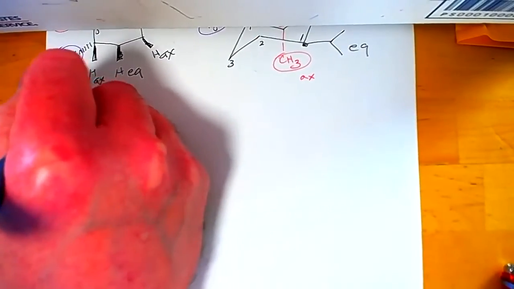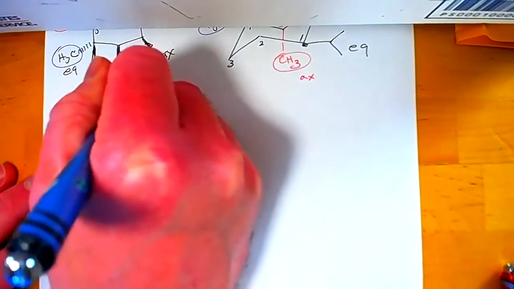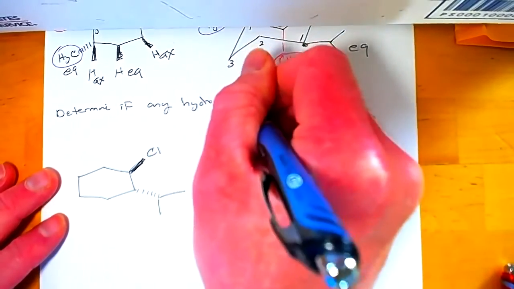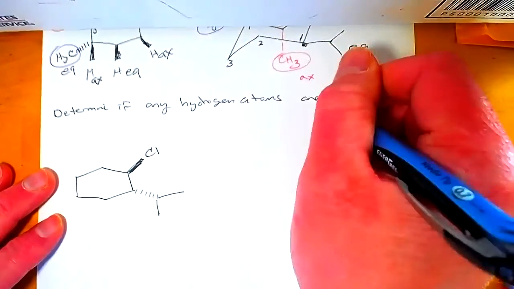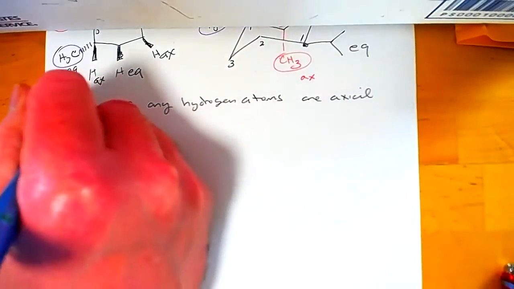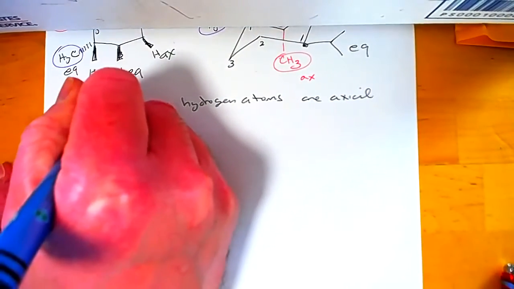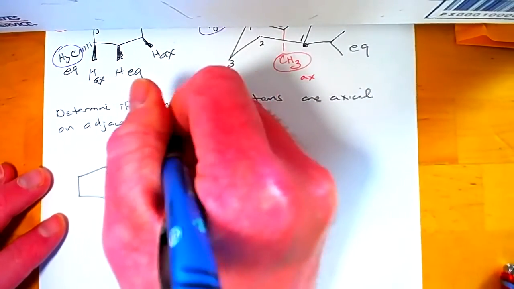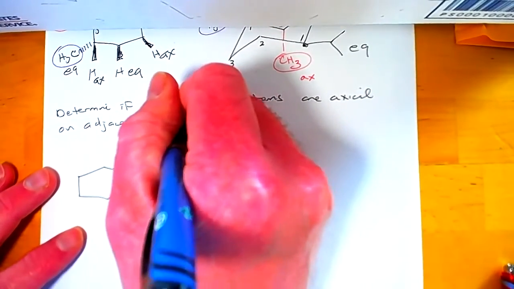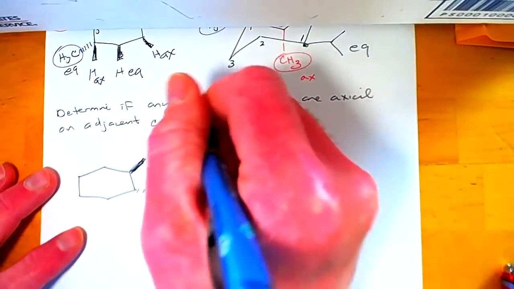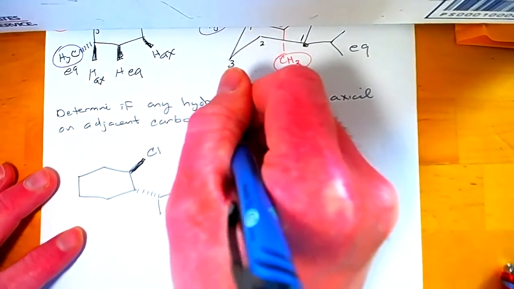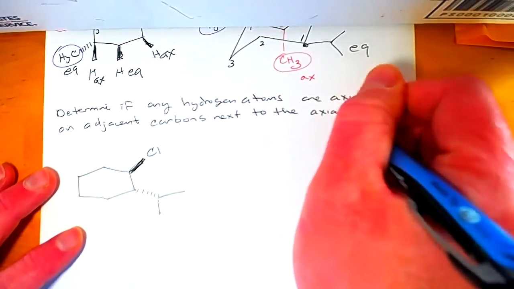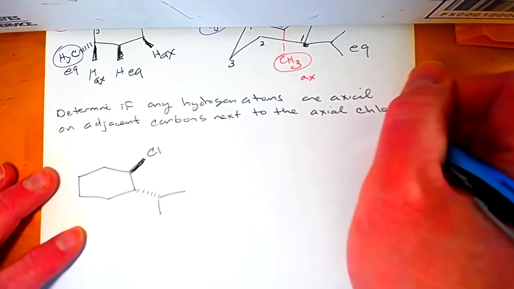So this question is: determine if any hydrogen atoms are axial on adjacent carbons next to the axial chlorine.